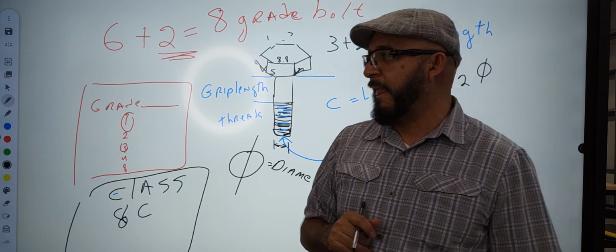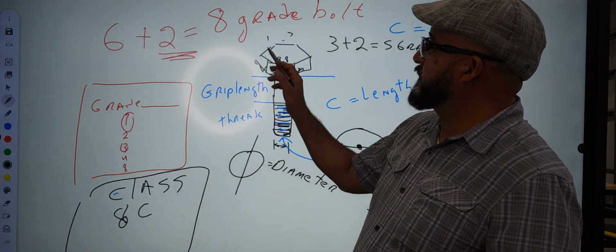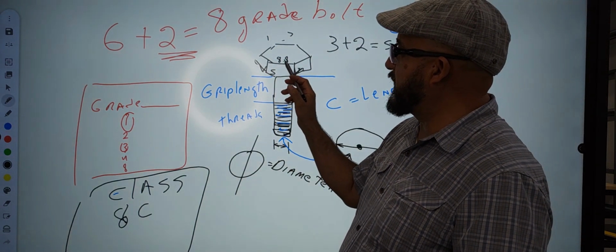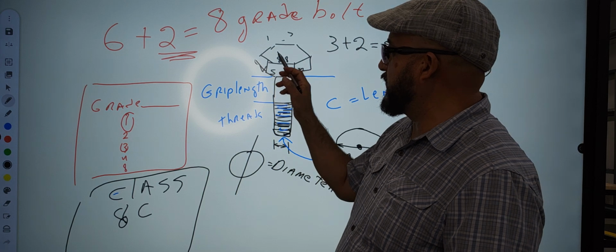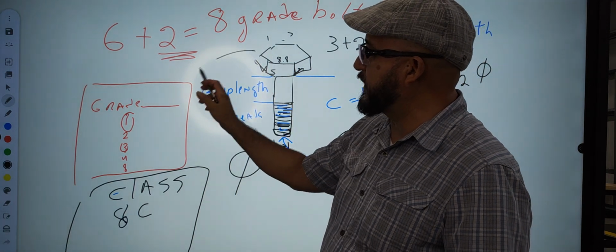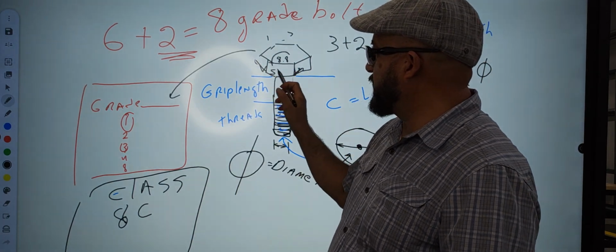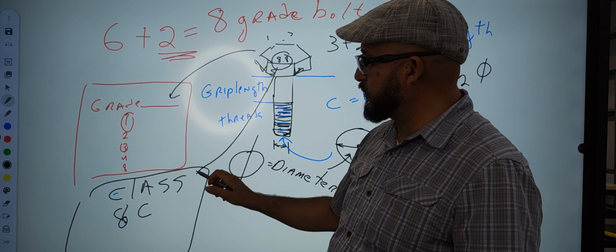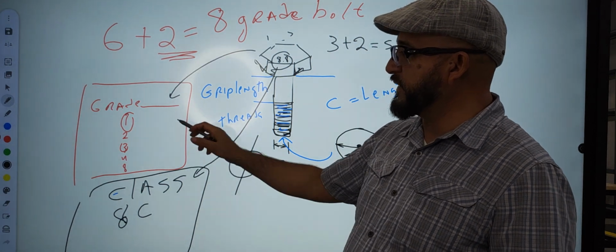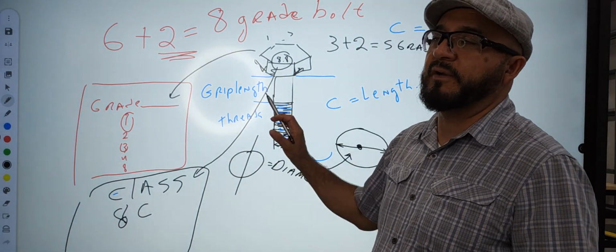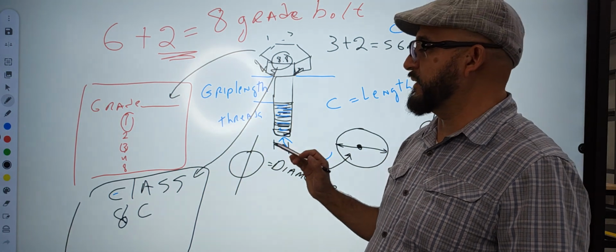Again, two systems. The American system is not numbers, it's little lines, markings, and then you go by grades. The European system has numbers, and it goes by classes. But with either one of these, you have charts that you can compare and see the tensile strengths.